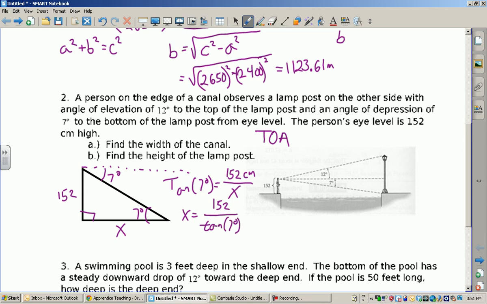Once I've typed that in my calculator, making sure I was in degree mode, I get the width of the channel to be 1,237.94 centimeters. And I'm going to rewrite that as 1,237.94 centimeters.